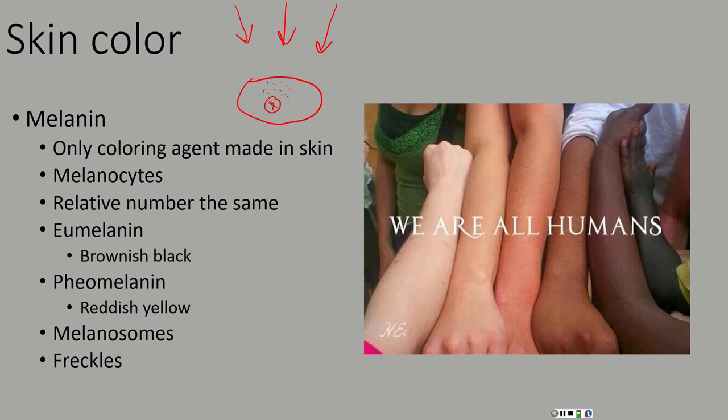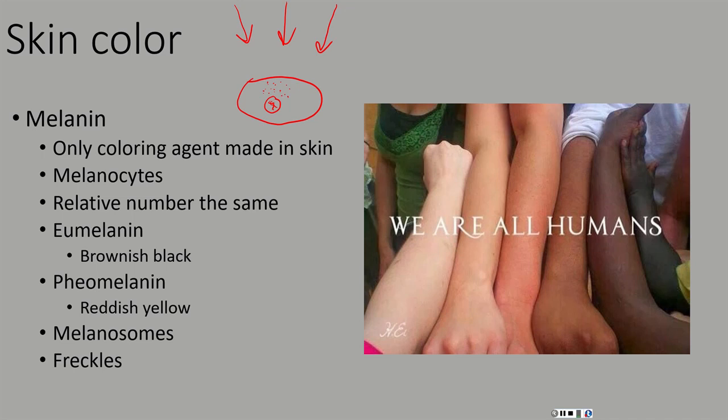Well, freckles are just localized concentration of melanin. Freckles are spots where the melanin is being produced locally at a much higher rate than across the majority of the skin. And it's not because that area needs more ultraviolet radiation blockage.